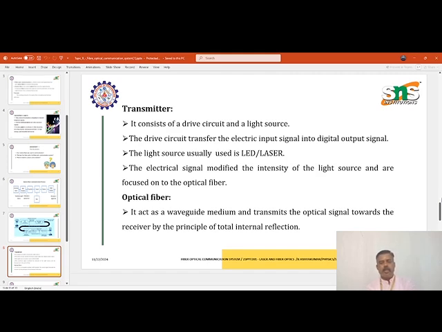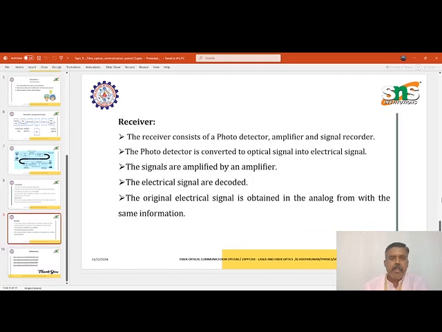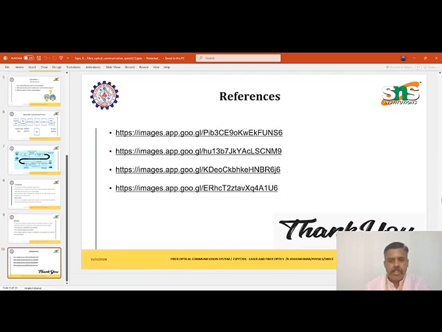It transmits the optical signal towards the receiver by the principle of total internal reflection. The receiver consists of a photodetector, amplifier, and signal recorder. The photodetector converts the optical signal into electrical. The signal is amplified by the amplifier. The electrical signal is decoded. The original electrical signal is obtained in analog form with the same information.